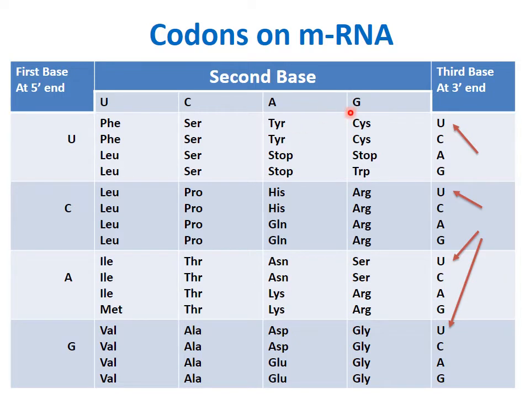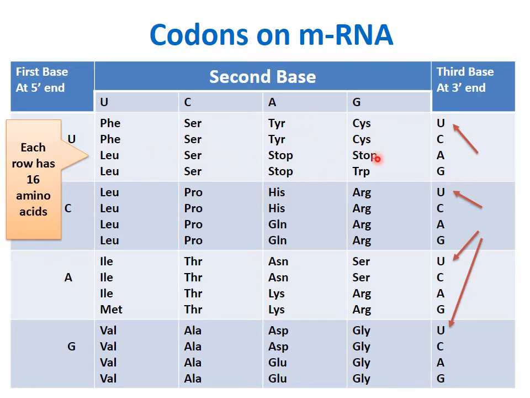See here, this is the table which is known as genetic code. This column shows the first base, this column shows the third base, whereas these 4 columns are the second bases. Each row contains 16 codons: 4, this 4, this 4 and this 4.